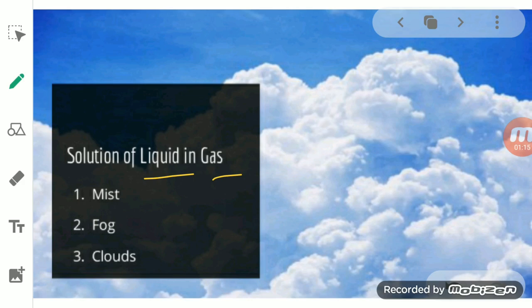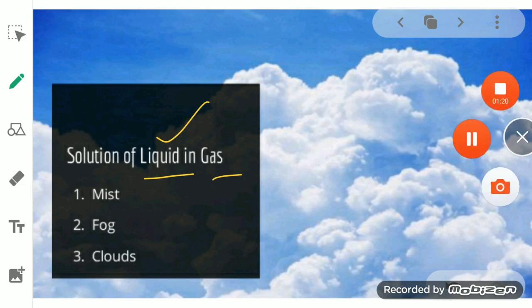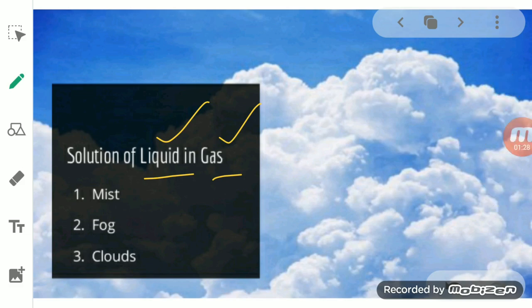So we can say that the liquid is present in a smaller amount while the gas is present in a larger amount. So you can see here, the liquid which is present in a small amount is the solute, while the gas which is present in a large amount is the solvent, and that's why we use the term liquid in a gas, solute in a solvent. See here, mist or fog or clouds.